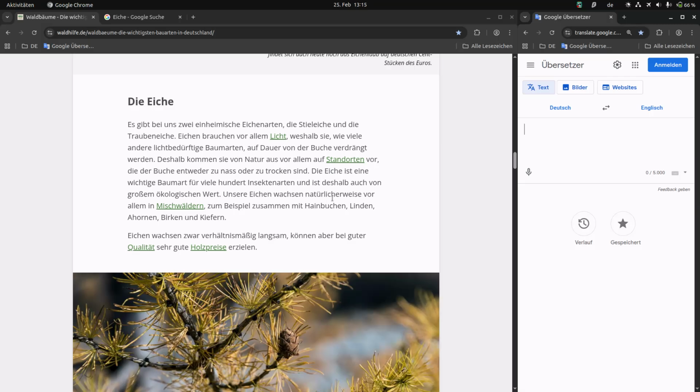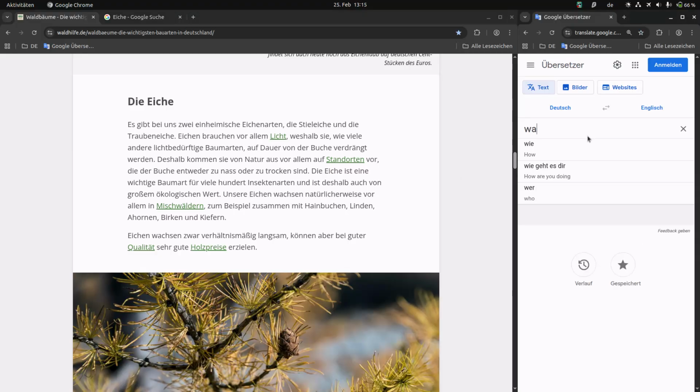Unsere Eichen wachsen natürlicherweise vor allem in Mischwäldern, zum Beispiel zusammen mit Hainbuchen, Linden, Ahornen, Birken und Kiefern. Unsere Eichen, our oaks, plural form, therefore it's unsere, die Eichen, wachsen, grow. We had that also in a previous episode.